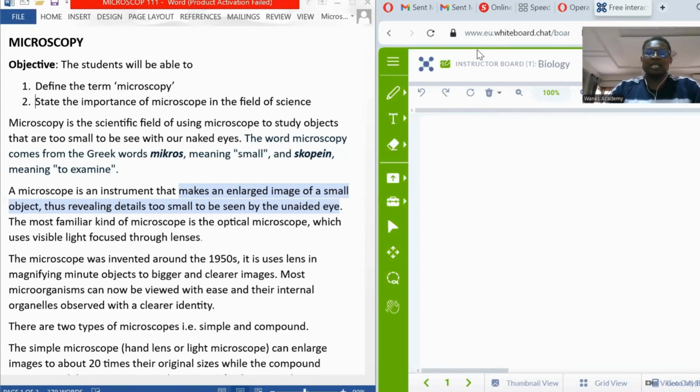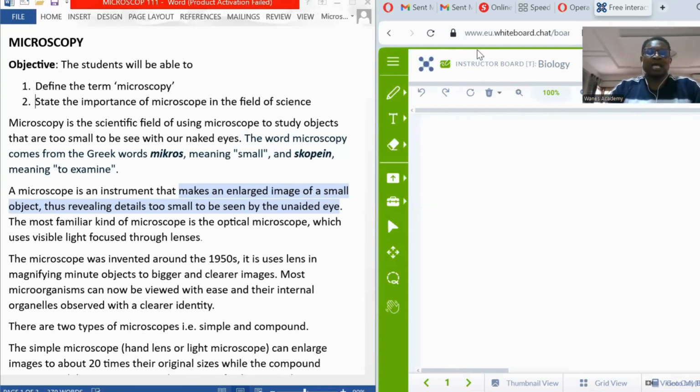This is our biology class, and we want to continue with the last topic we treated, which is microscopy. So we would be able to state the importance of microscope in the field of science, and list the functions of the component parts of a microscope. We discussed earlier that microscopy is the scientific field of using microscope to study objects.